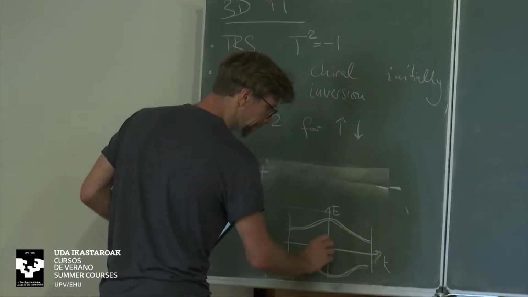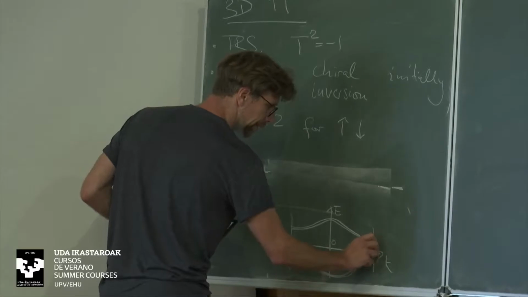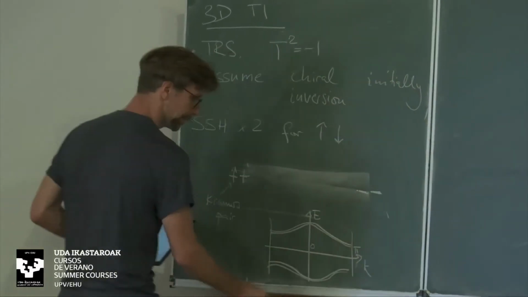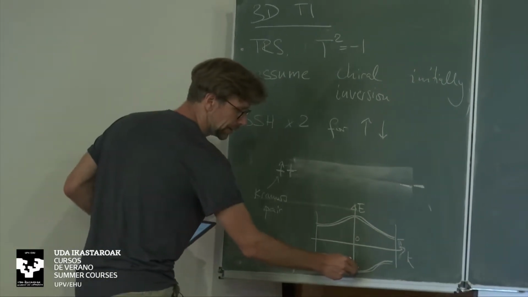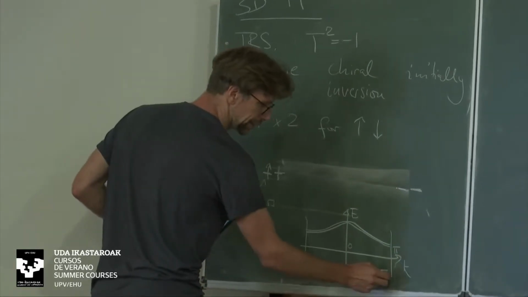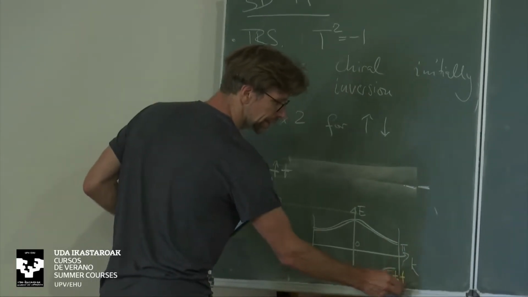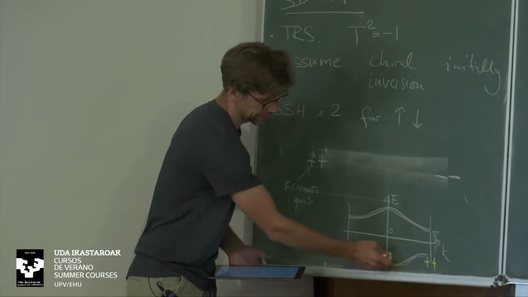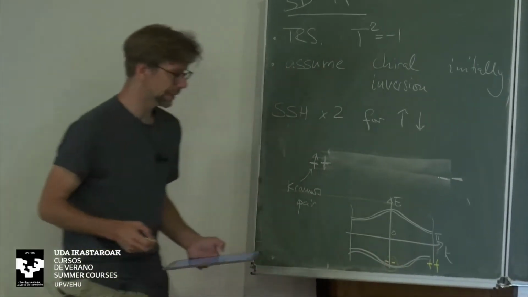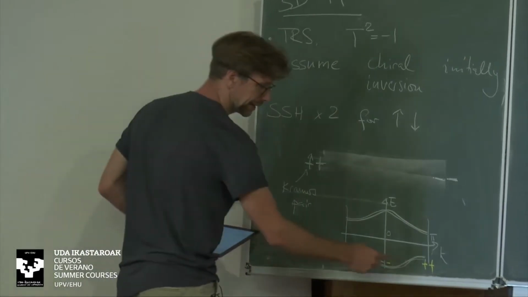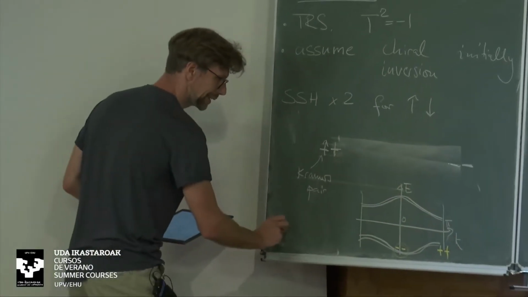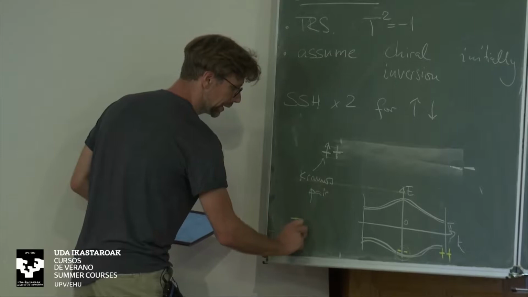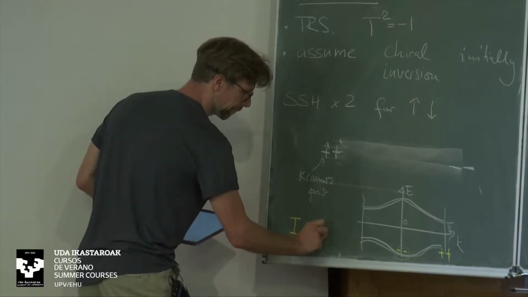Along this one momentum, in the topological phase, you would say that inversion eigenvalues are minus and minus here and plus here. So this Kramers pair, if you wish, in the Brillouin zone is an inversion minus eigenstate at k equal to 0, and the plus eigenstate at k equal to pi. So these are the inversion eigenvalues.